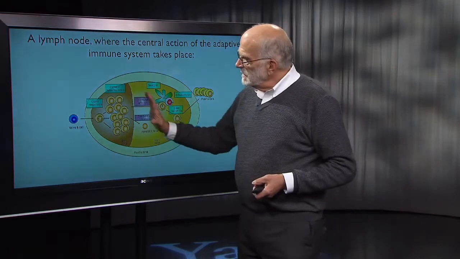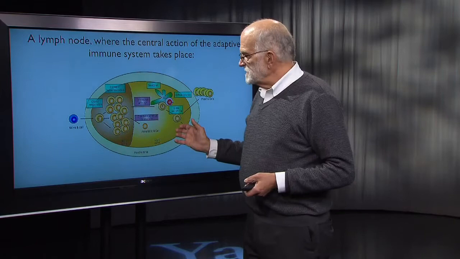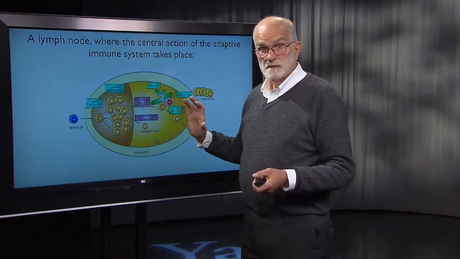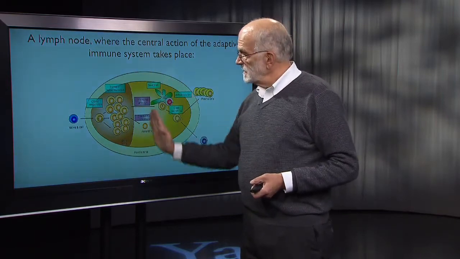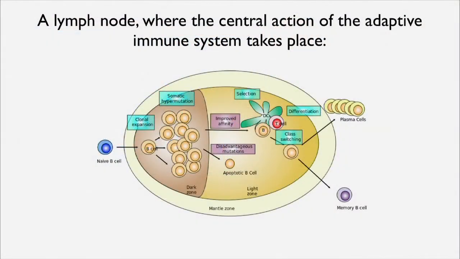Then that population of B cells is checked. And there is a filter step here. It is checked to see whether there are any B cells that are producing antibodies that react with self. And that screening is going on in the spleen and in the thymus and in the lymph nodes.